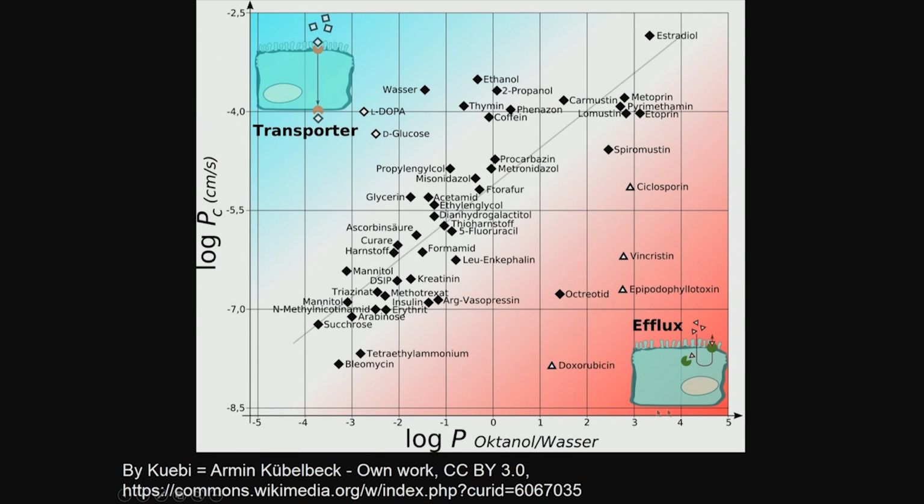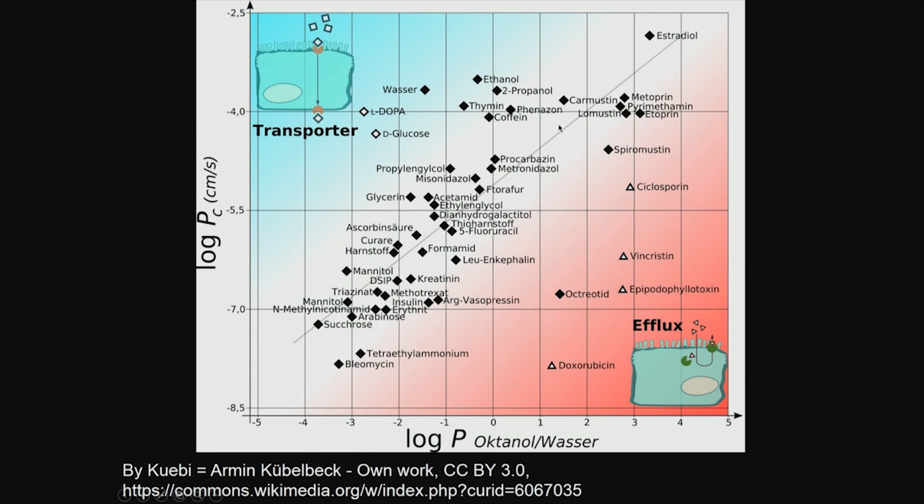As the log P increases, the drug becomes very hydrophobic, so it is easy for it to penetrate the barrier, and its diffusion or permeability is also very high. When the log P is very low, it is very hydrophilic, so the permeability, that is the transport in centimeter per second, or logarithm of centimeter per second, is also very low. So, they have drawn a sort of linear relationship here.